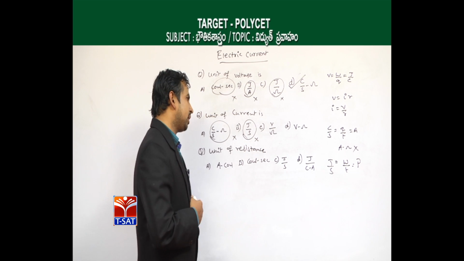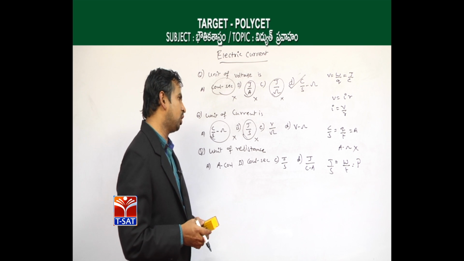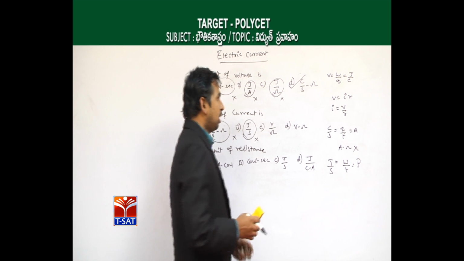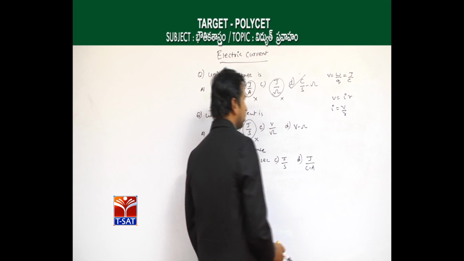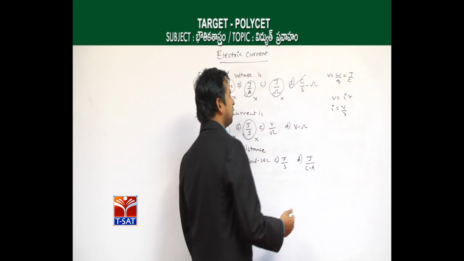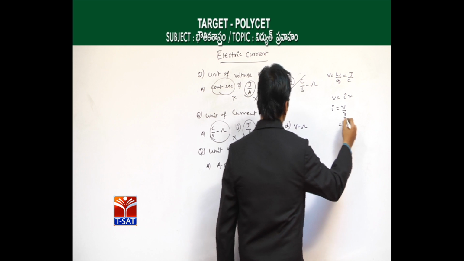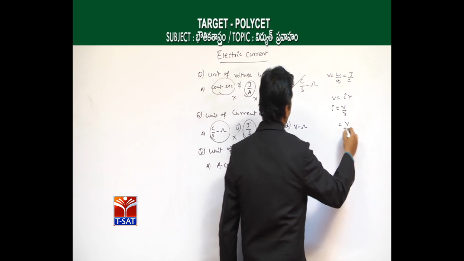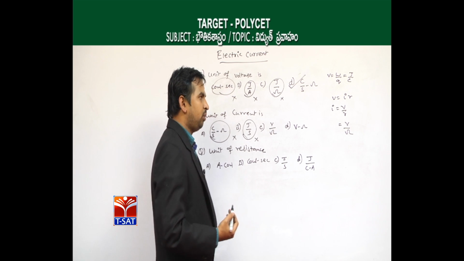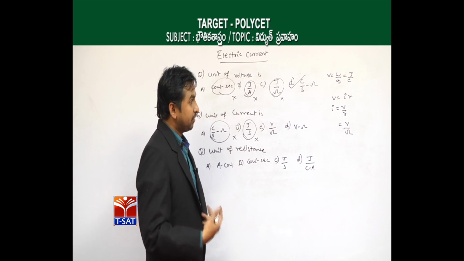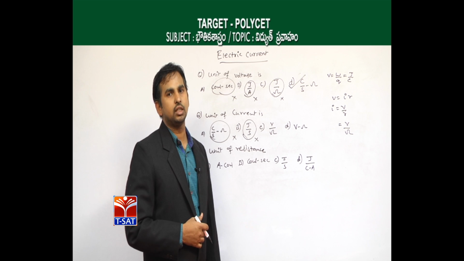And when we come to the case of C, volt per resistance is given. As V is equal to IR, I is equal to V by R. The voltage we represent with V, and the resistance with ohm. So for current, instead of ampere, we can write voltage per ohm.